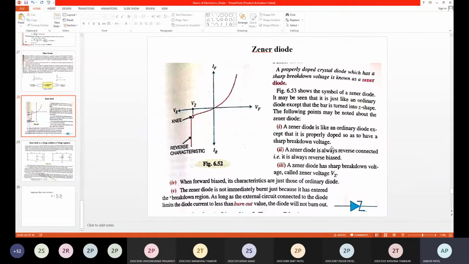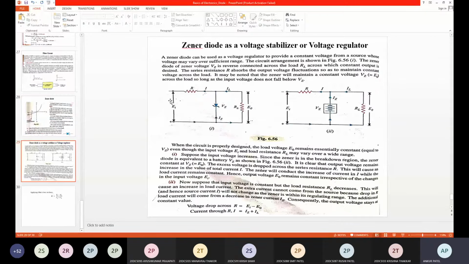That's why we operate this Zener diode in the reverse direction, and the voltage across the Zener diode is called VZ. Now, how does it act as an open switch or closed switch when we connect it in circuits? Take the input voltage EI. When EI is equal to or more than VZ, meaning the voltage across the Zener diode is equal to or more than the breakdown voltage, it acts as an on switch, or closed switch.